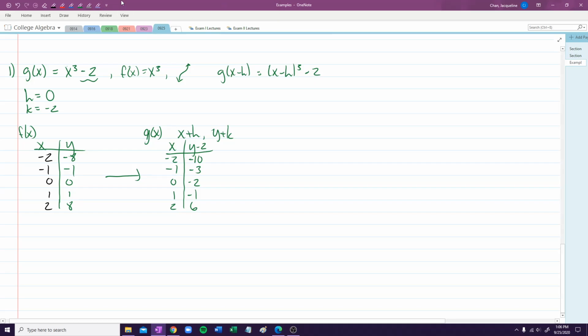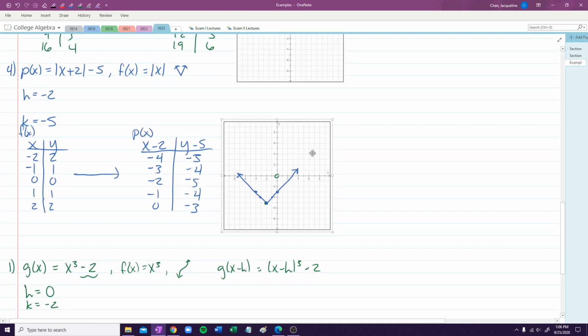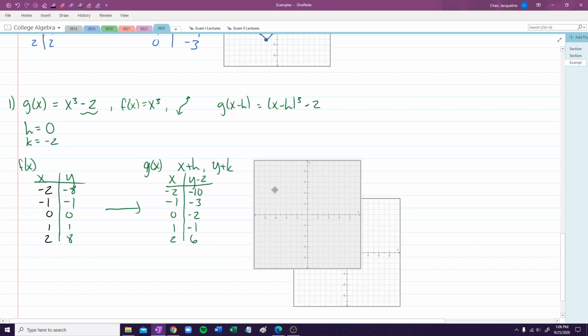Let me grab a graph real fast. When I graph this, I have negative 2, negative 10; negative 1, negative 3; 0, negative 2; 1, negative 1; 2, 6. Remember our general shape is like this snaky thing.